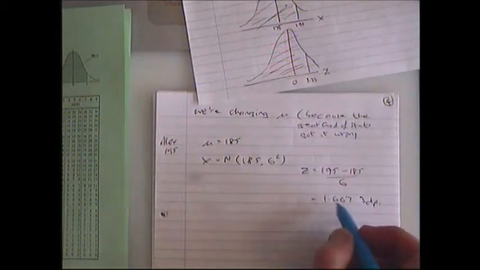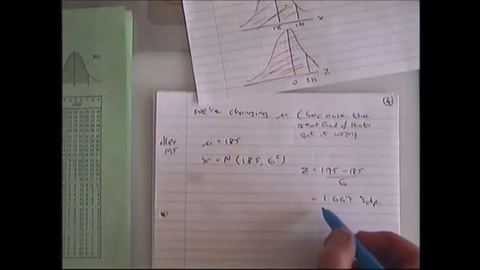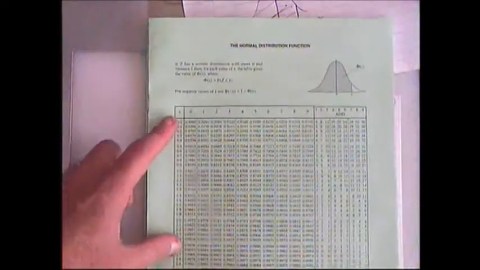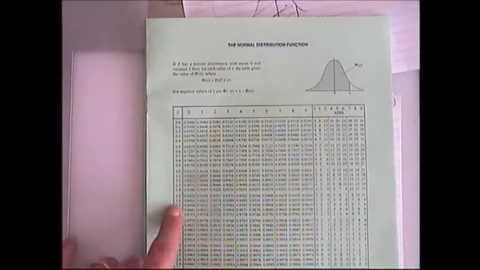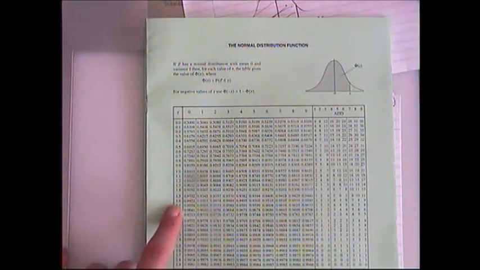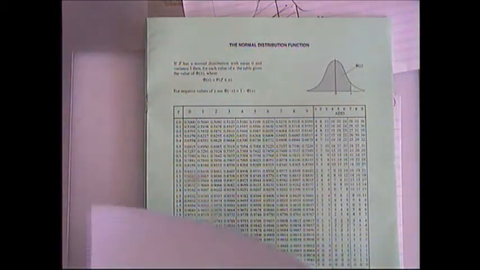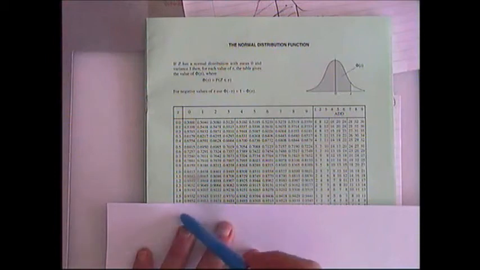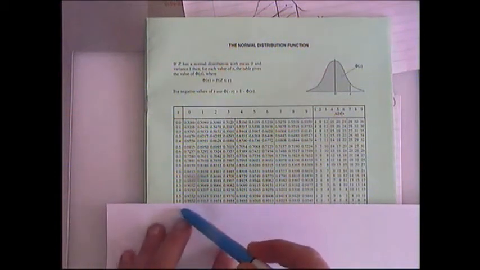Now what we need to do is find Z being 1.667 in our tables. So we come to our tables, here's Z, here's 1.6. Now we go along, if I use a bit of paper as a ruler. Well, we'll do it at 3 decimal places. Okay? There's 1.6.